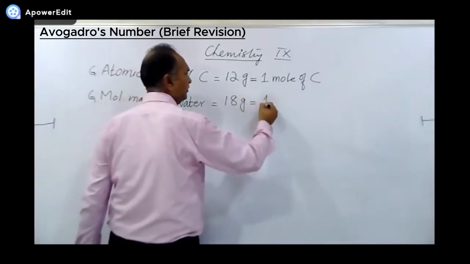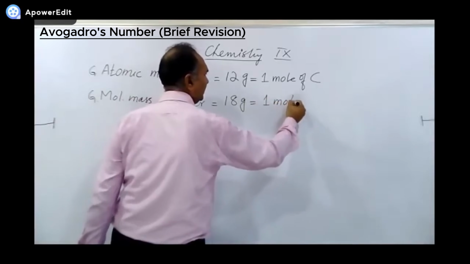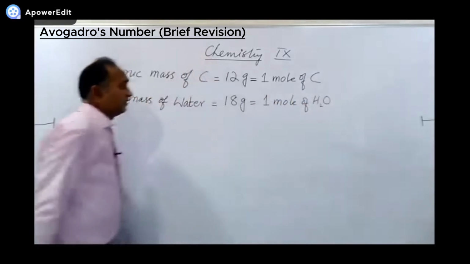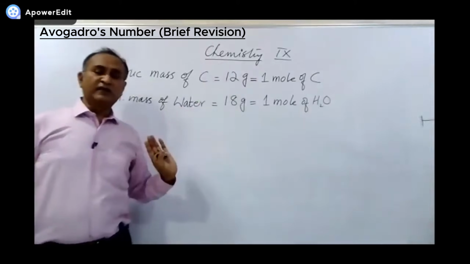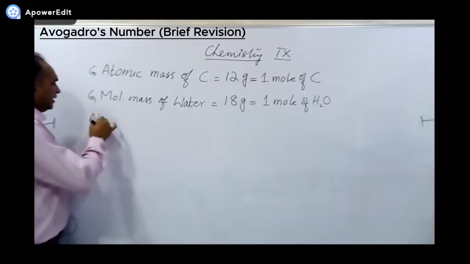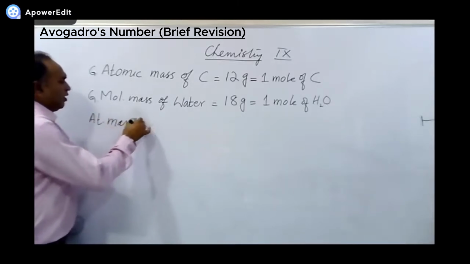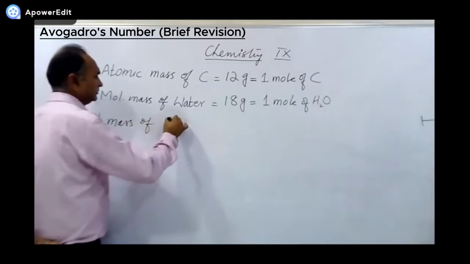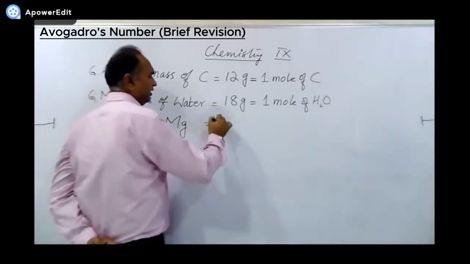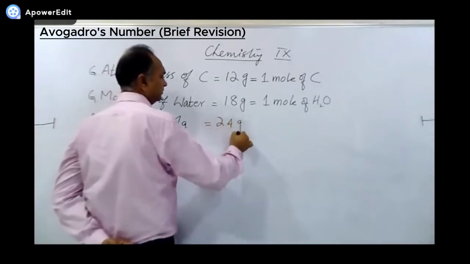It is also called 1 mole because we have studied that 1 mole of any substance means its atomic or molecular mass. If I say atomic mass of magnesium, it's an element. Atomic mass is 24 gram.